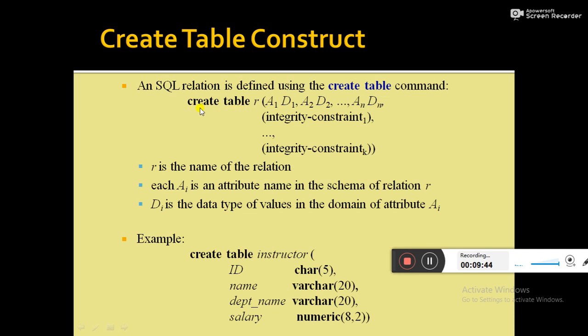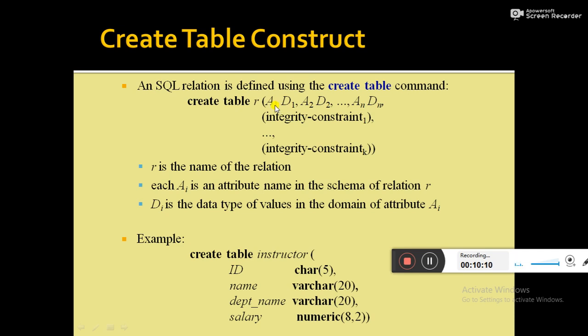So create table is the command. Then R is the name of the relation or the table. Then open parenthesis. Within the brackets you have to specify all the attributes which the table R should have, along with the domain or data type of each attribute.